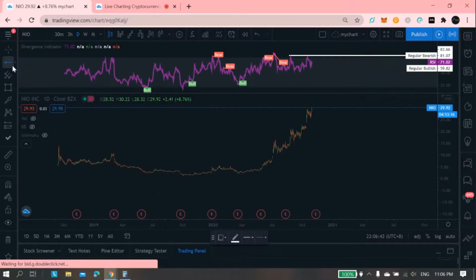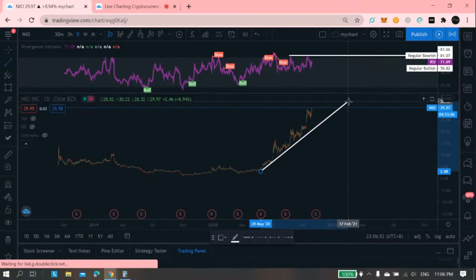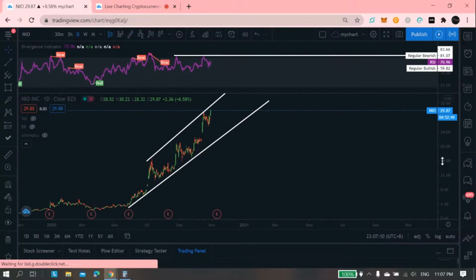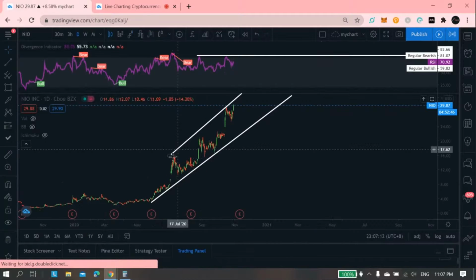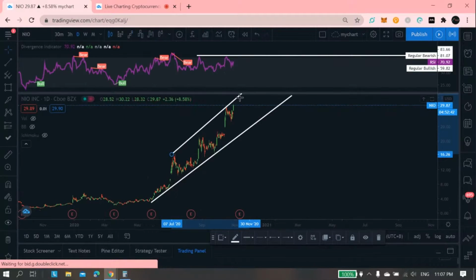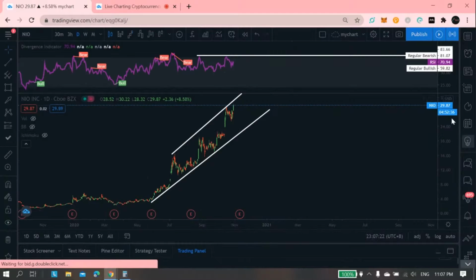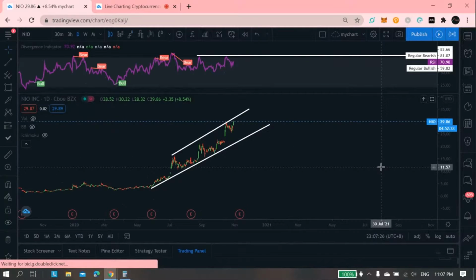It's actually an uptrend. So currently it's actually near the resistance area.